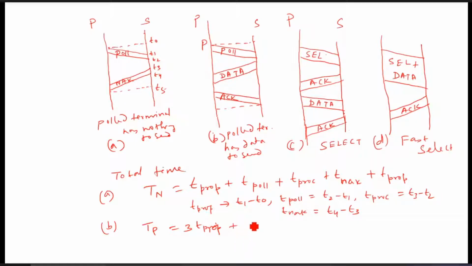Other things will be same: T poll plus T acknowledgement, TACK plus T data, plus 2 T processing times. This is one processing time, this is another processing time.